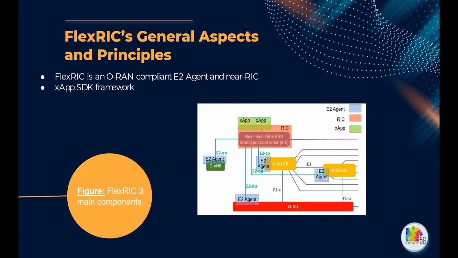So FlexRIC also supports 4G. You can actually run it with the OAI 4G base station. You can also run it with the SRS 4G base station. So in that sense, it supports both multi-RAT, 4G and 5G, and multi-vendor, SRS and OAI. And this is essentially what O-RAN wants to do. They are saying that E2 is a multi-vendor interface, which you see the example here.